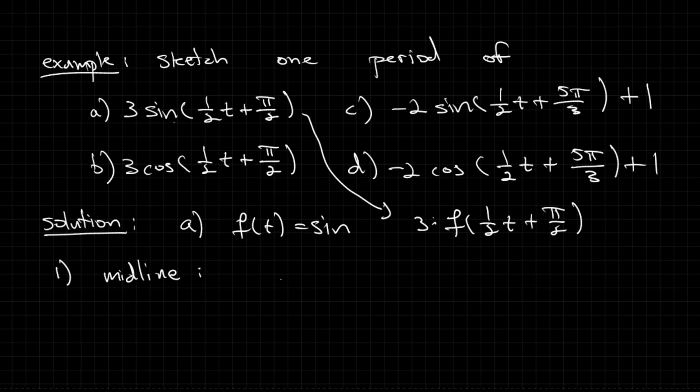And the vertical transformations that are being applied that will affect the midline and the top and bottom line are, well, because there's only one, this multiplication of 3, which is a vertical stretch by a factor of 3.